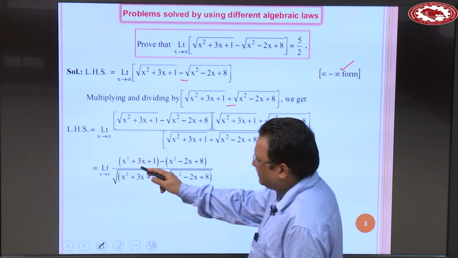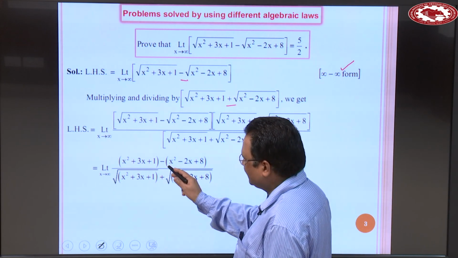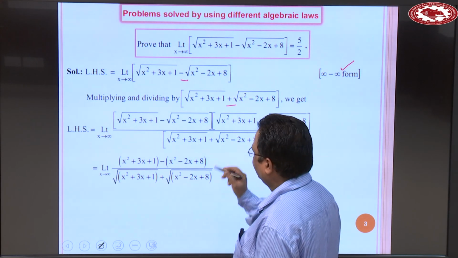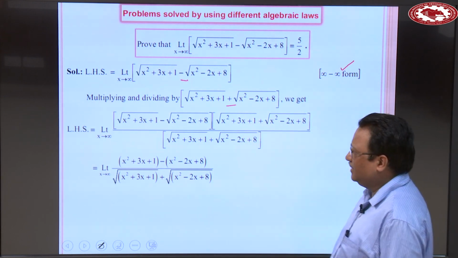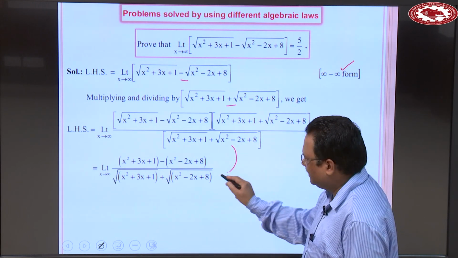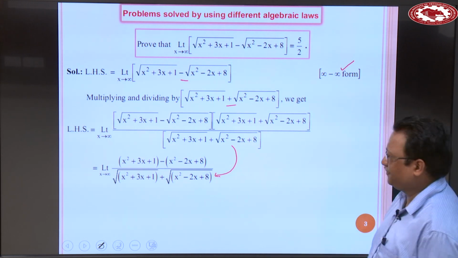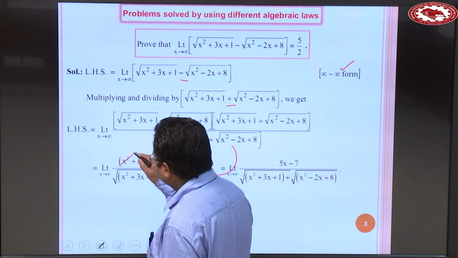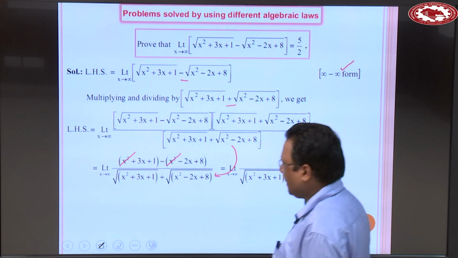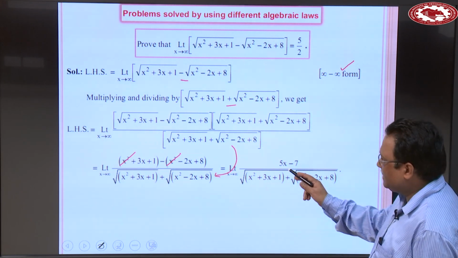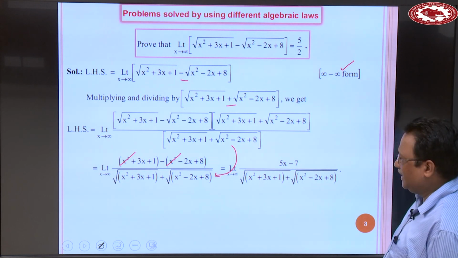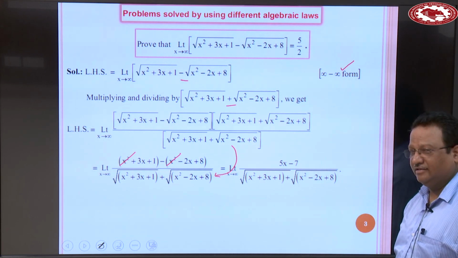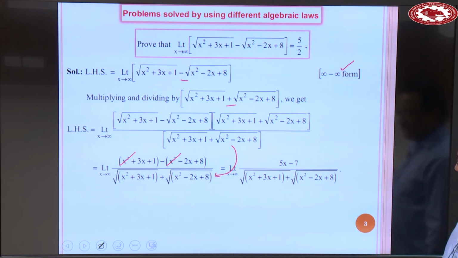So, this means x square plus 3x plus 1 minus x square minus 2x plus 8, and denominator as it is. Now, when you solve this one, x square and x square cancel, we obtain 5x minus 7 and denominator as it is, clear?